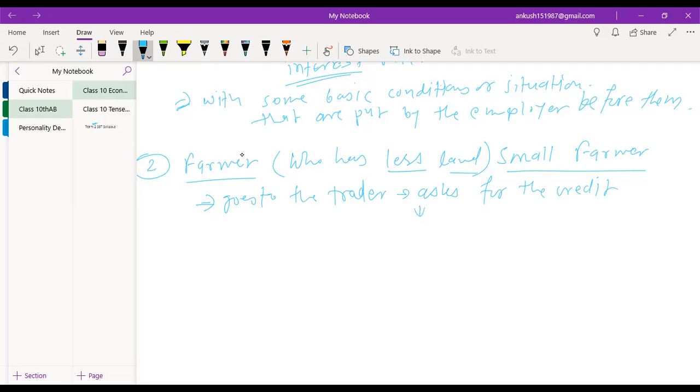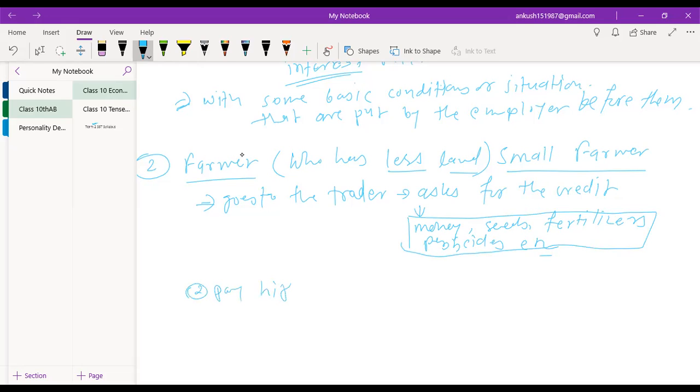In the form of money, seeds, fertilizers, pesticides, etc. These kinds of agricultural loans or credit he would ask for from the agricultural trader. Okay, this farmer would also have to pay a high rate of interest.